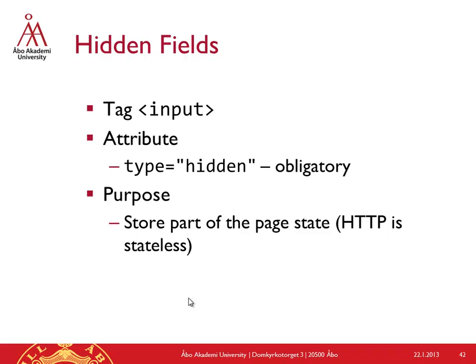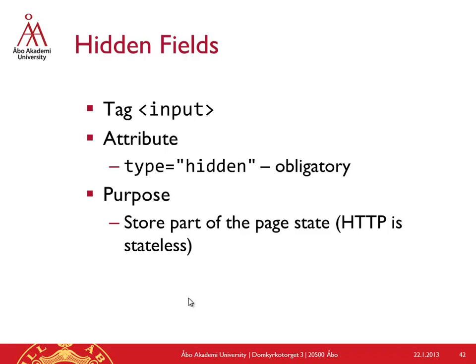In forms, some users would like to have some hidden fields. So these fields are composed from the well-known input tag with the special attribute type equal to hidden. So why are these hidden fields required? Some of them are used to store some page state, very basic state.